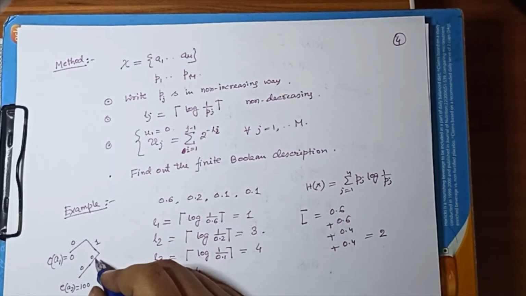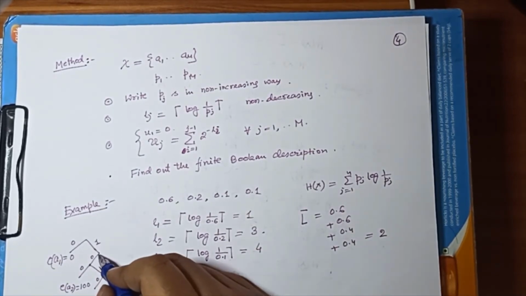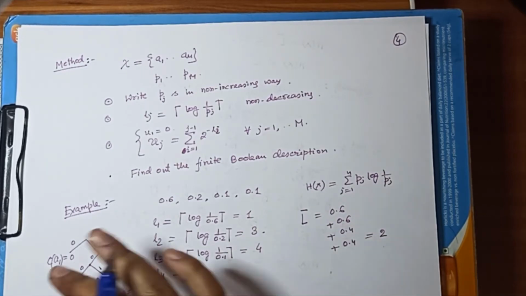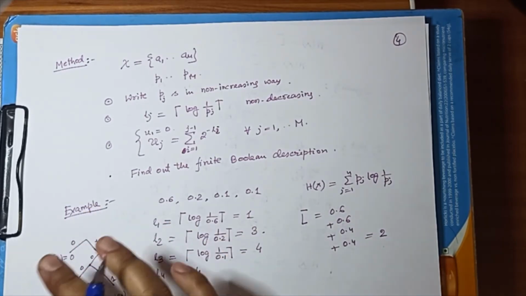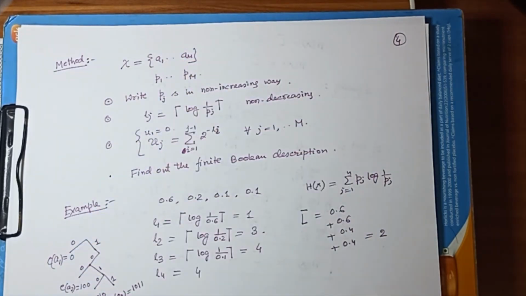And next are 1 0 1 0, say C(A3), and C(A4) is equal to say 1 0 1 1. So clearly this tree is not full because you are wasting this one line and you are introducing this 0 which is unnecessary. So you are wasting much space in terms of the tree. Okay, so just following this method is not giving you an optimal result.